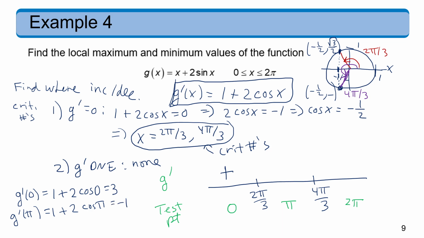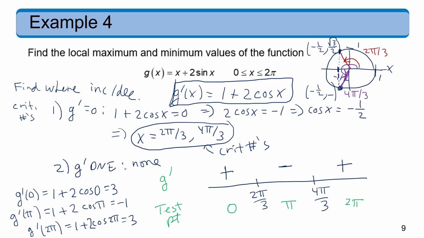So we got a negative result when we plugged in that test point. And then we'll go to 2 pi, plug it into g prime. That's 1 plus cosine of 2 pi. Cosine of 2 pi, oh, I forgot the 2 out in front. Cosine of 2 pi is 1. So this simplifies to 1 plus 2, which is 3, which is a positive number.